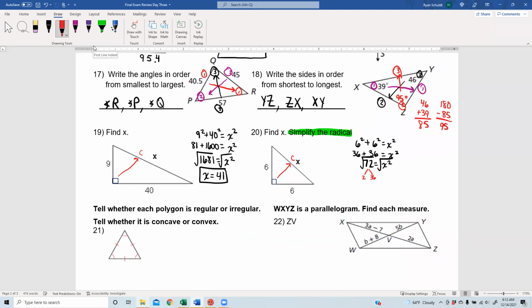And then for 36, I know 36 is 6 times 6. Hey, there's a pair, there's a couple. Couples go out on a date. Singles stay home. So those pairs of 6s go out, the 2 stays in. That means x is equal to 6 square roots of 2. I'm done. I'm simplified. Case closed.